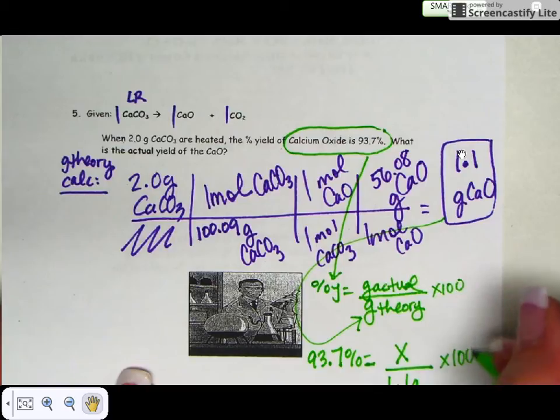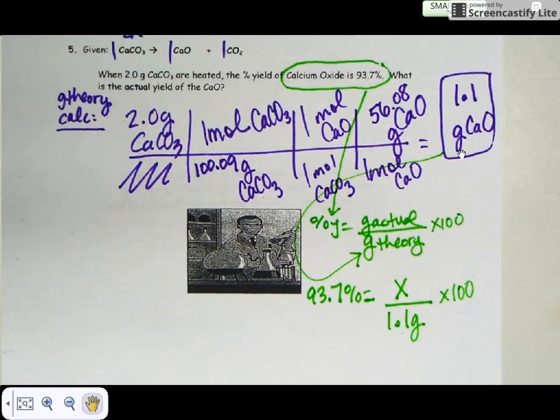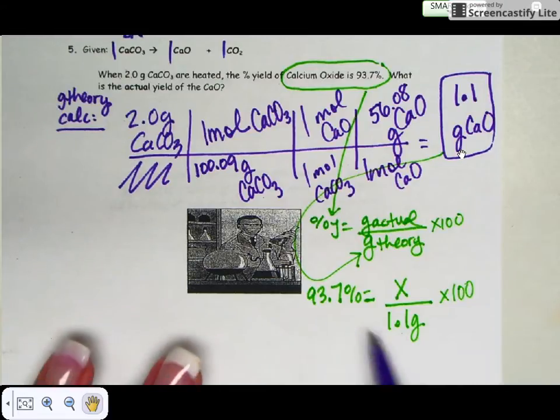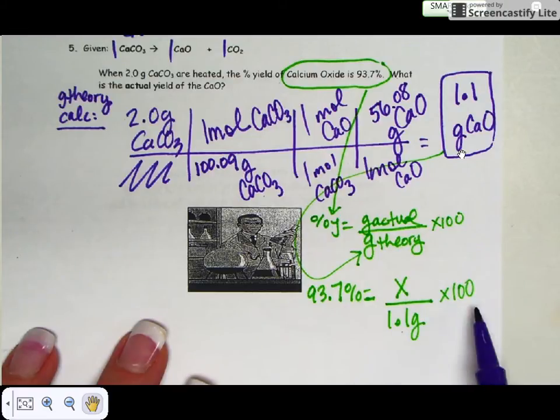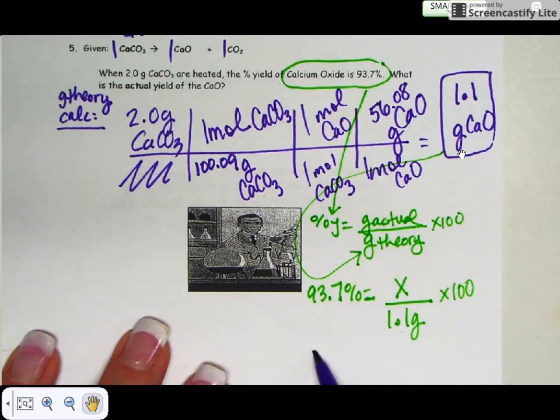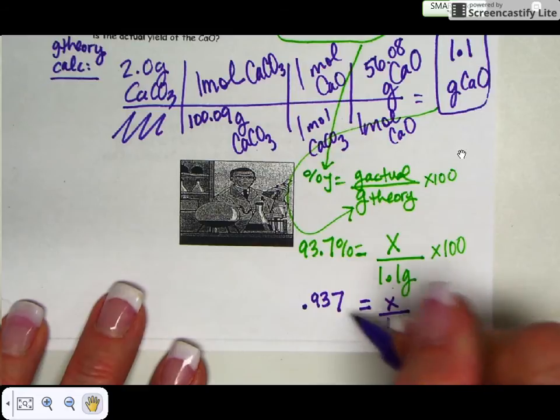Now from here on out, it's just an algebra problem. You're just solving for x. So I'm just going to talk you through here. I'm not going to write everything out, but you divide both sides by 100. When you divide both sides by 100, that's going to make this become 0.937 equals x divided by 1.1. So now to further isolate your variable, you have to cross multiply.